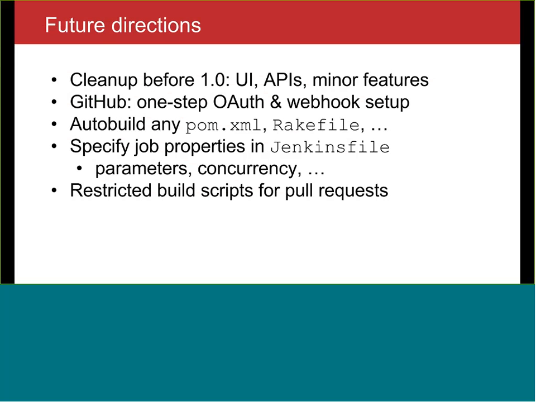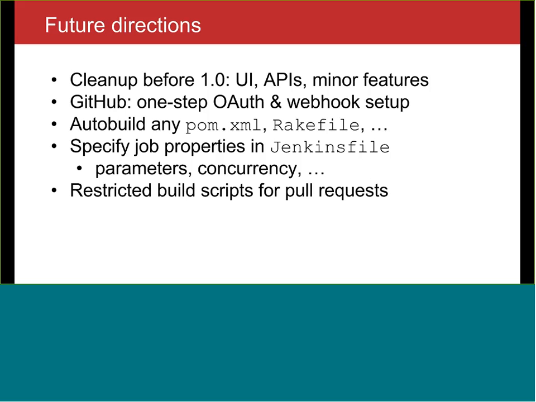So a few things that we're also thinking about doing in the future. First of all, there's some cleanup we want to do before we are comfortable calling this whole system a 1.0. So there are various UI improvements that are needed, and there's a number of minor features that I sort of glossed over during the demo that we want to add.